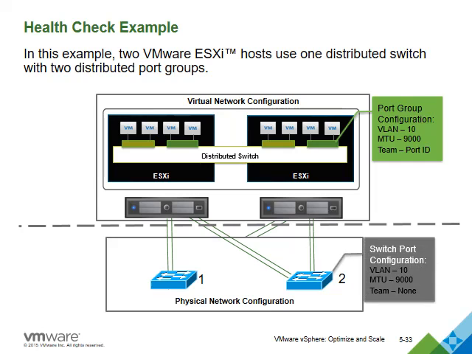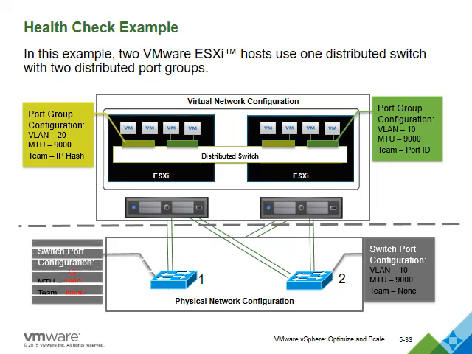Our physical switch has a VLAN of 10 and an MTU of 9,000. On this other ESXi host, VLAN of 20, MTU of 9,000, and our team is using port hash. Our physical switch has a VLAN of 10, MTU of 1,500, and no team assignment.